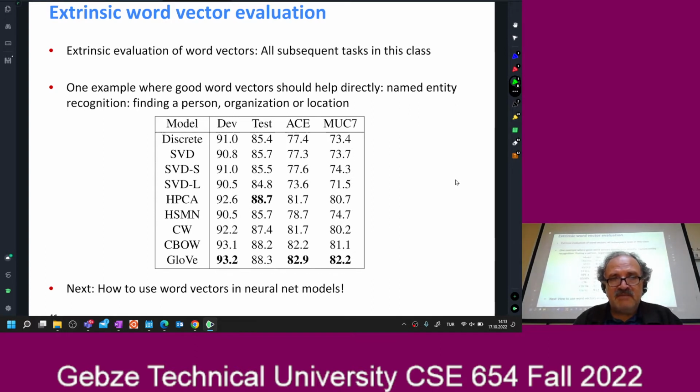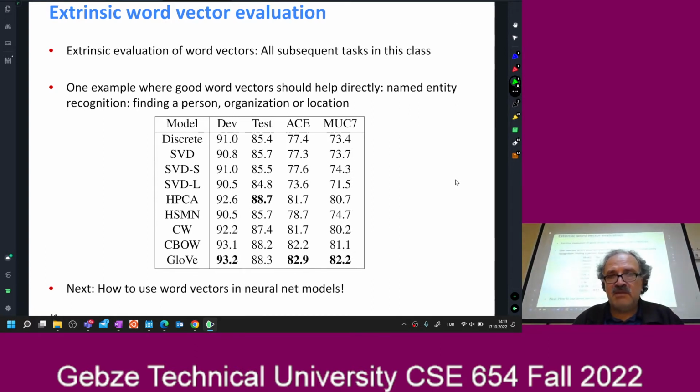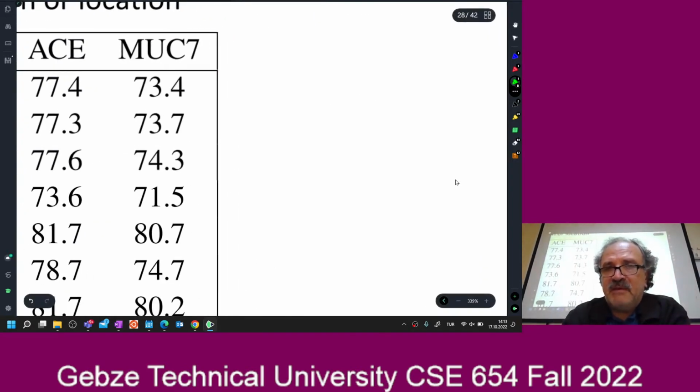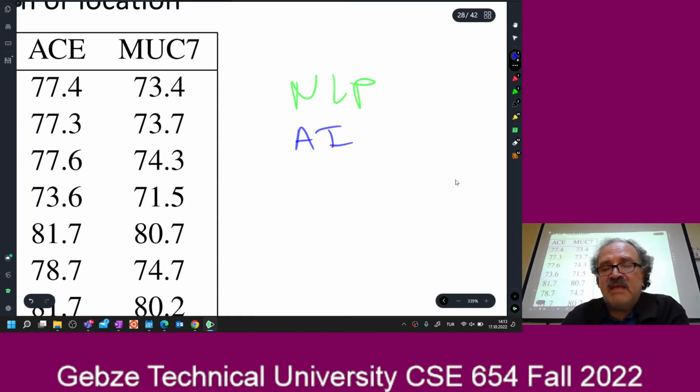Okay, especially the numbers above 90% are going to be very, very tough to beat. Because in most of the NLP problems or AI problems, especially with AI problems, there is a human ceiling.